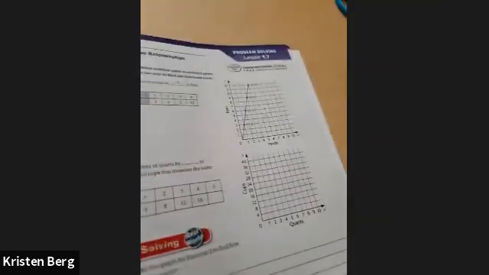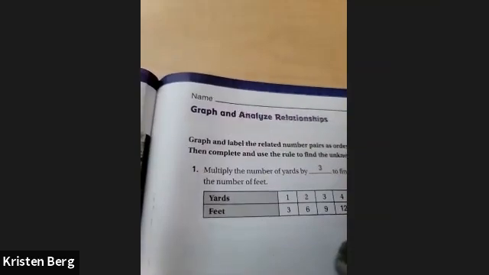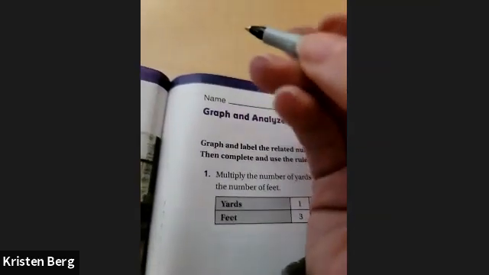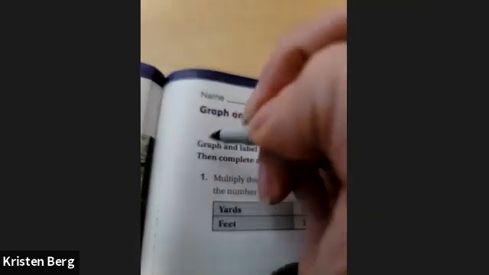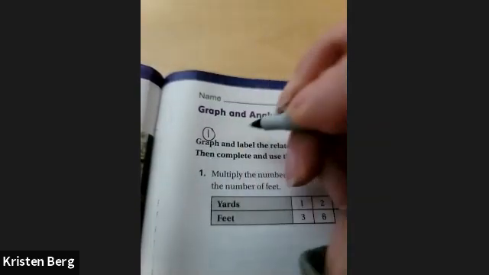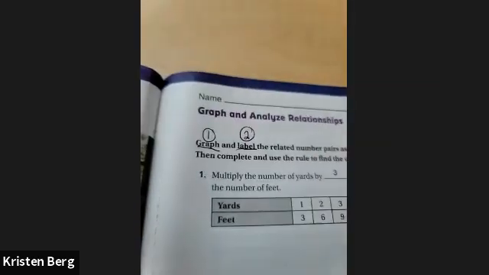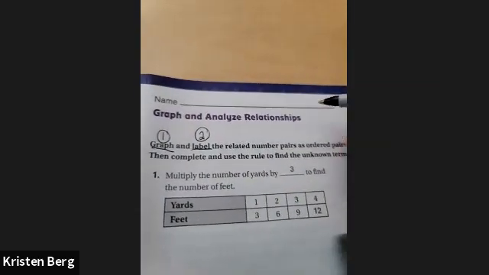All right, now you're going to get over to your homework. Just be very careful because it does have a lot of things that it wants you to do. First of all, it first wants you to graph. So that is first thing. It wants you to label. That is your second thing. So you're graphing, you're labeling the related pairs.